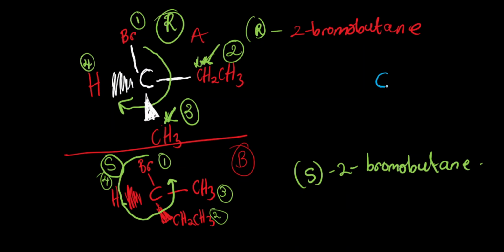We have our carbon as the asymmetric center. Right here we would have bromine, which would still remain in its original position. However, the left hand side would become the right hand side. So right here we would have a dashed wedge with hydrogen, and a solid wedge right here with methyl.